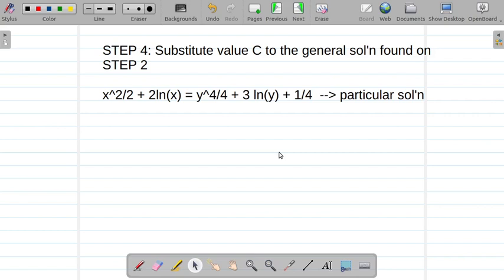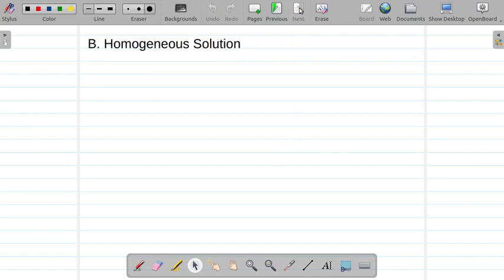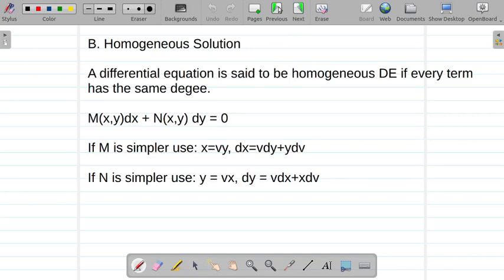So, iyan na lang kasayon ang mag-solve sa DE using variable separable. So, I think nasabta na ang variable separable. Mag-proceed na punta sa homogeneous solution. So, proceed na ta sa second method to solve differential equation, which is kani homogeneous solution.